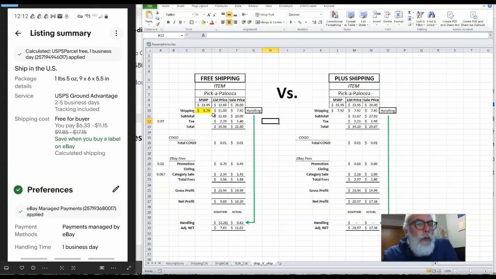But at 874, you're assuring you're going to capture at least the bottom portion of the shipping in your list price.